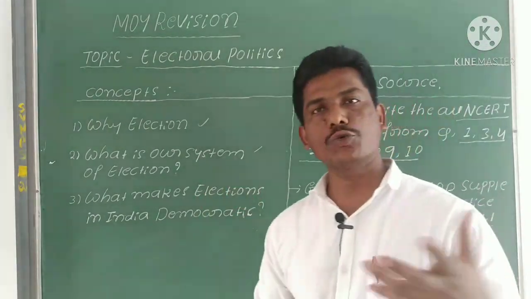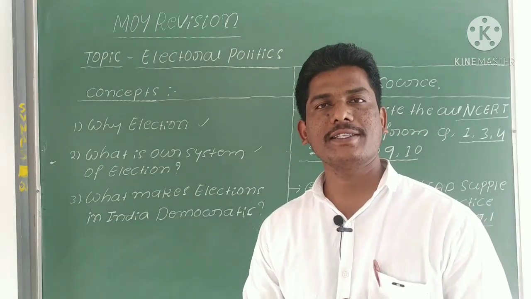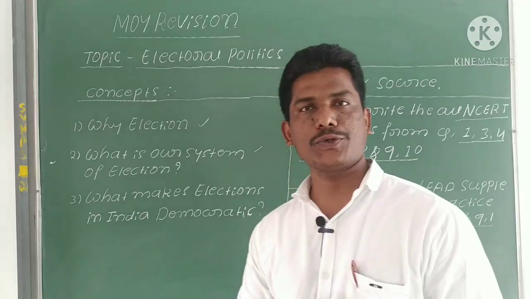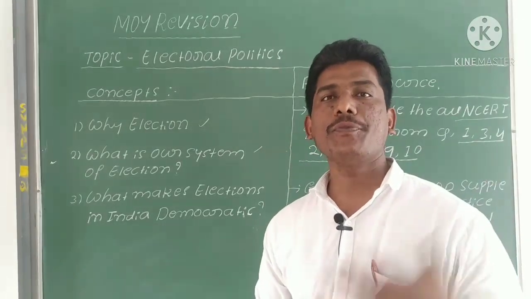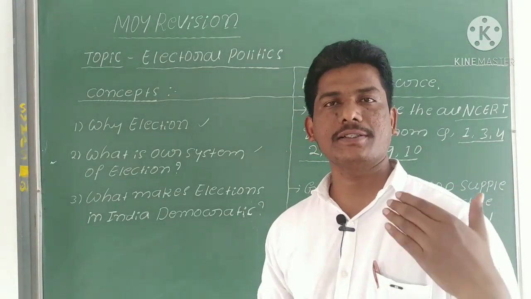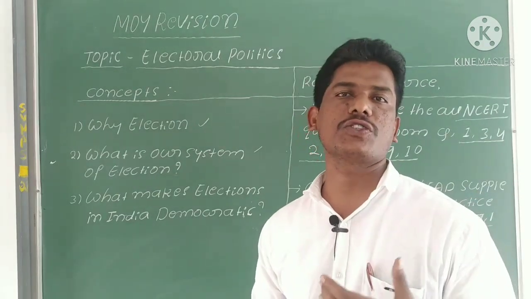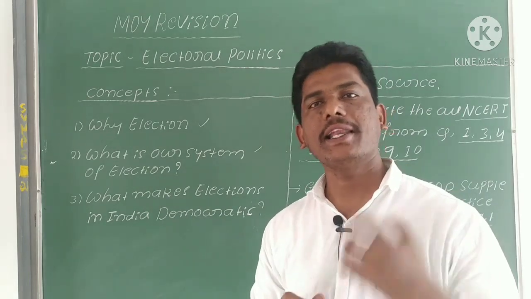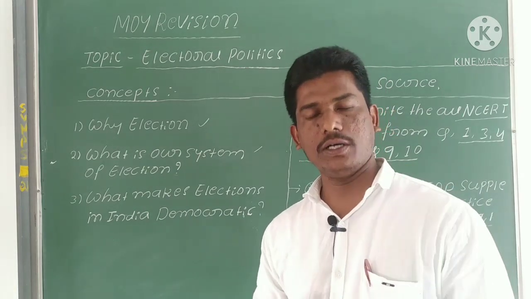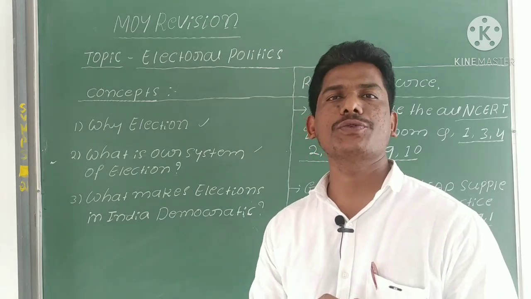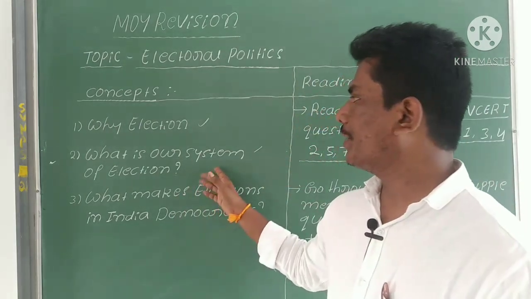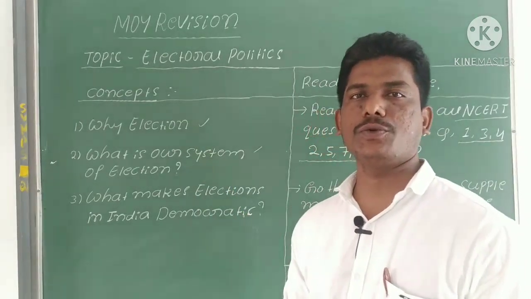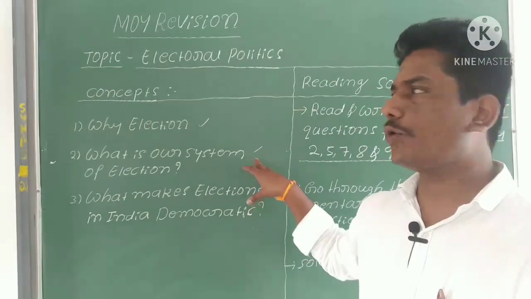Also, see the reserved constituencies, and focus once again on the election process: constituencies, reserved constituencies, general constituencies, voter list, election campaigning and counting of votes. All are included in this concept. This is most important for your examination, so please focus more on this concept.